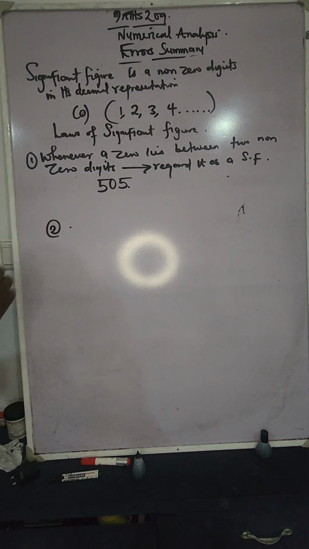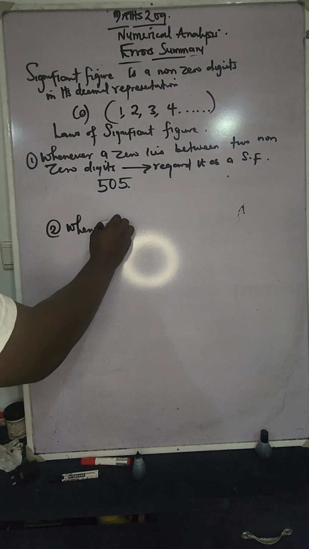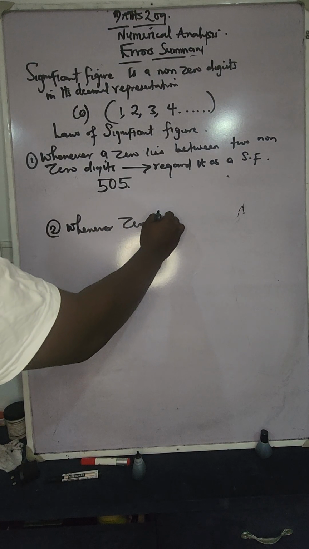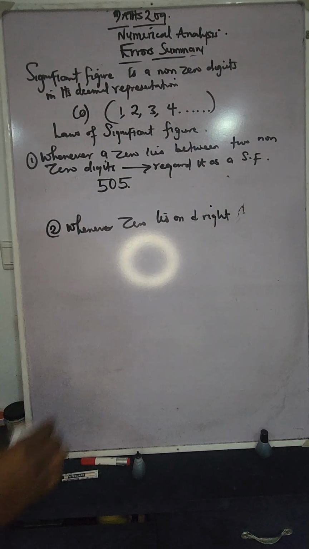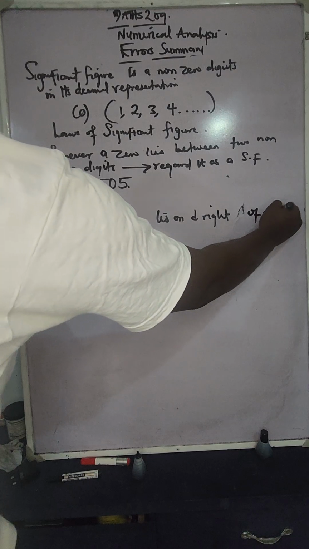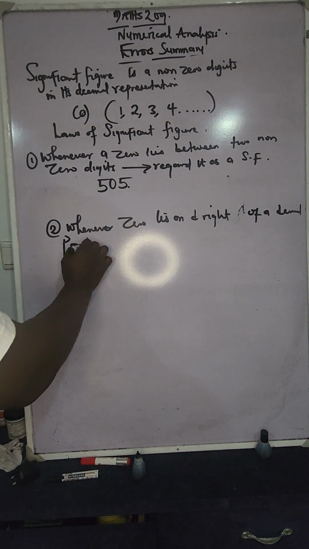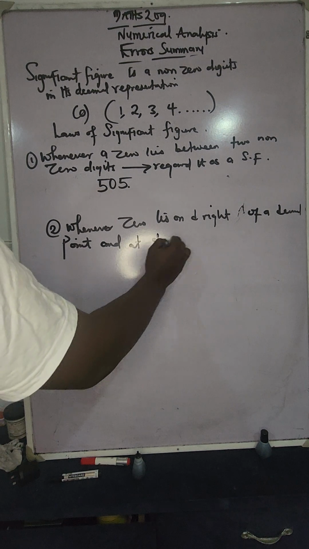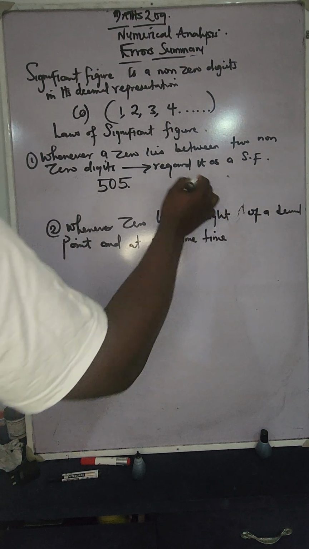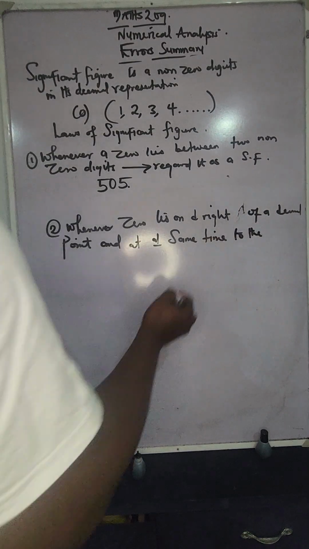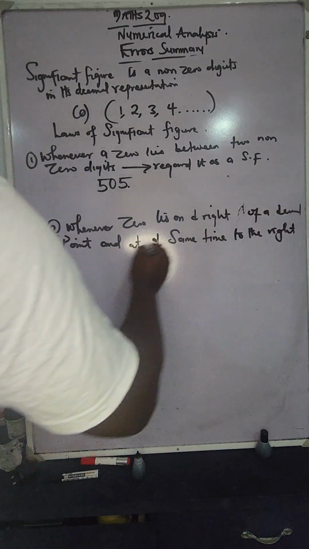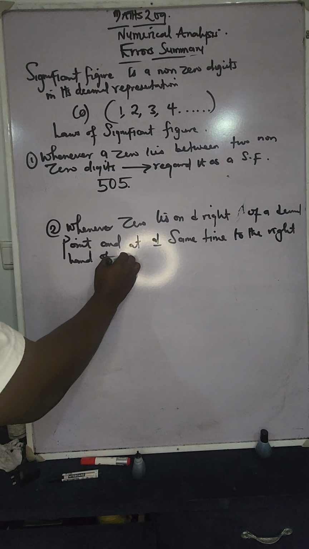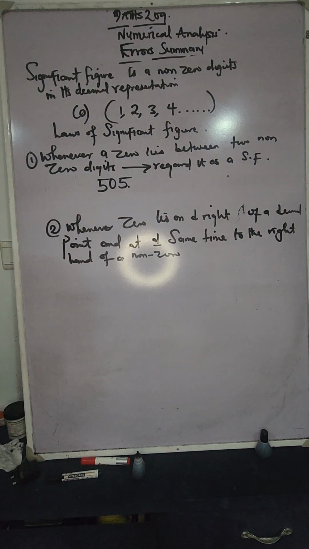Number 2, I said whenever 0 lies on the right hand of a decimal point, and at the same time, on the right hand of a non-zero digit, then you should regard it also as a significant figure, right?